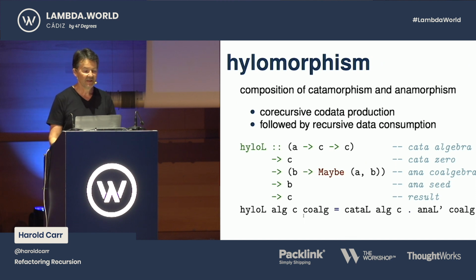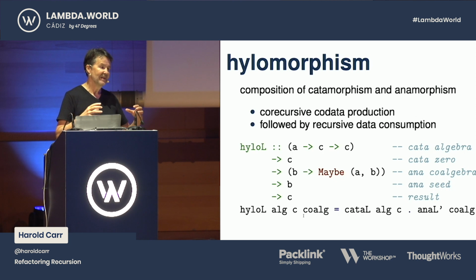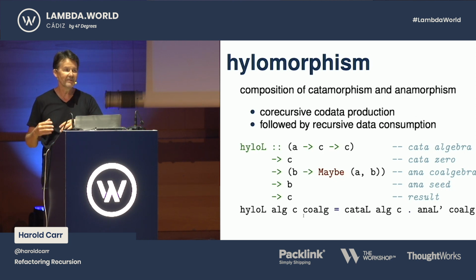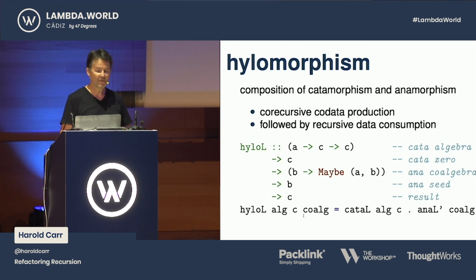Okay, the next one is called a hylomorphism, and that is just a composition of an anamorphism and a catamorphism. First you run the anamorphism to build up some structure from a seed, and after you've built that structure, then you run the catamorphism, so it does whatever operation you want on that structure you built up.